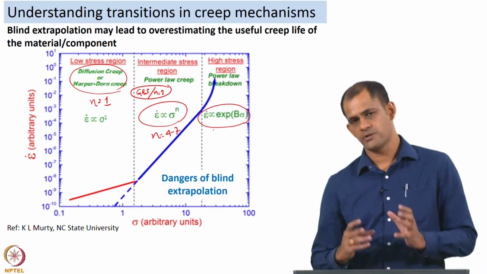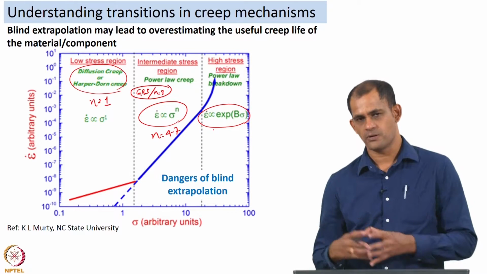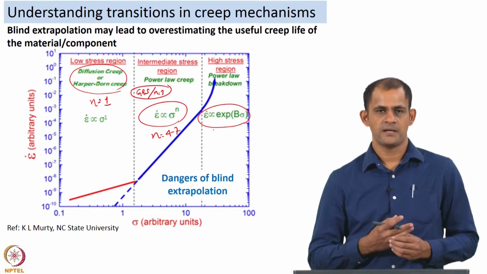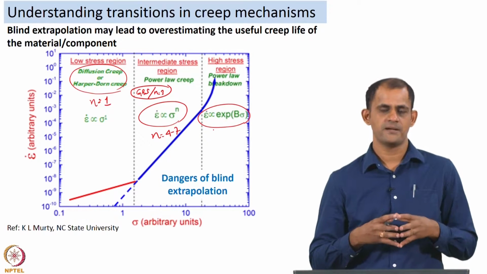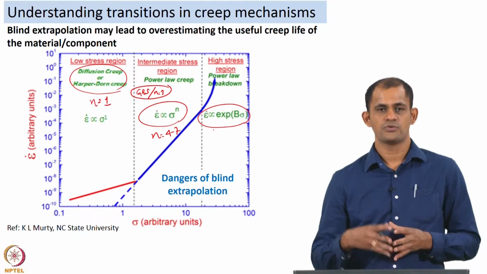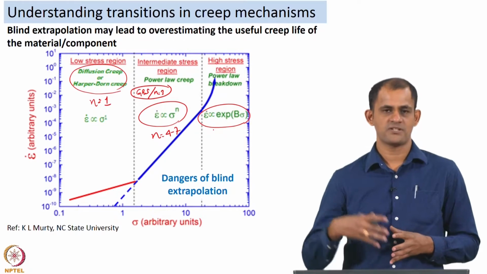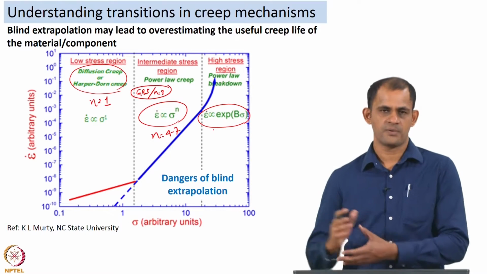Now, say you are designing a component for a particular high temperature application. Let us take a gas turbine engine blade. You want the engine blade to survive a certain stress level for a certain number of hours.